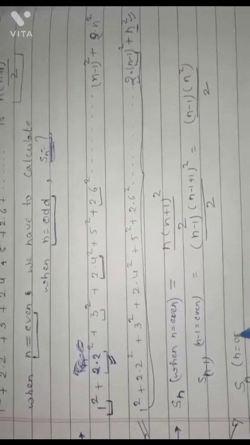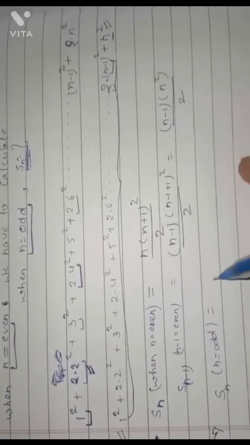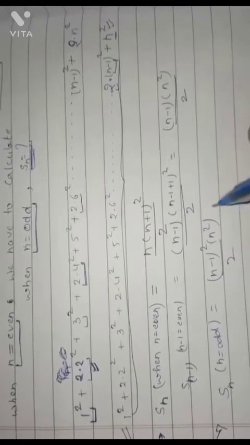So it is (n minus 1) into n square divided by 2, and the sum of n terms when n is odd is equal to (n minus 1) into n square divided by 2 plus n square.